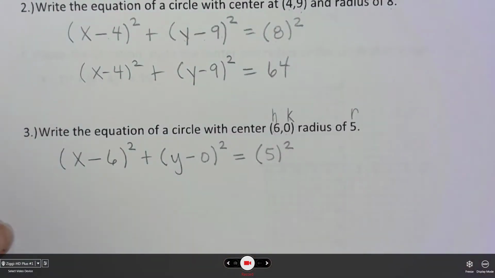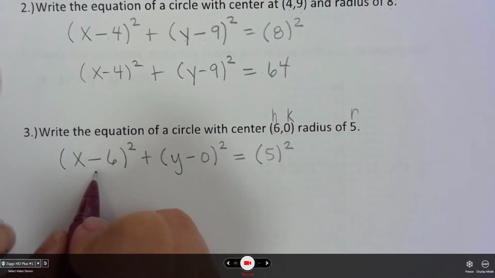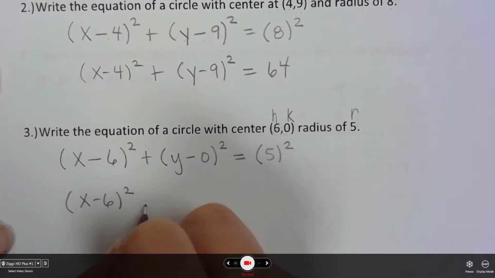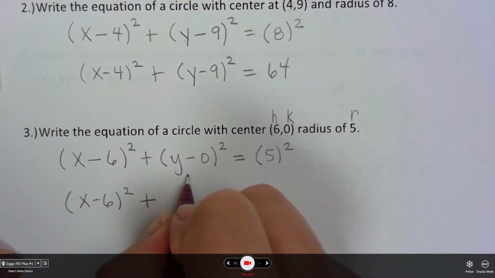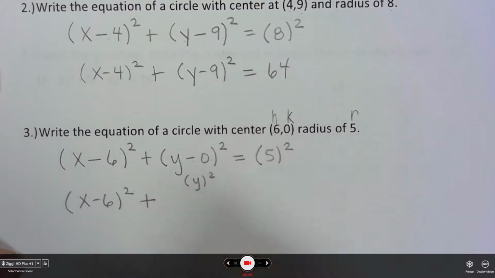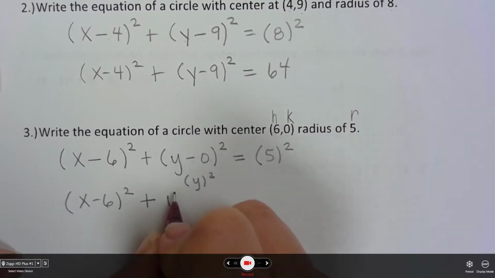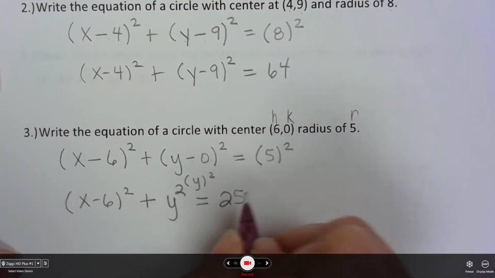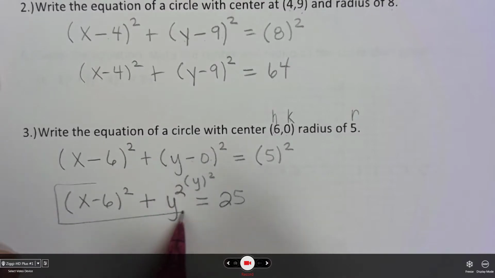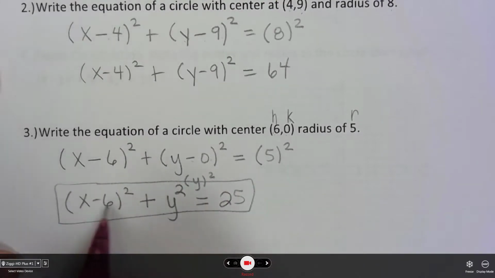I can't simplify x minus 6 any further, so I just bring it down, plus y minus 0. If I have y and I take nothing away from it, then I just have y, and if I square it, I get y squared. And then 5 squared is 25. So this would be the center radius form of my circle.